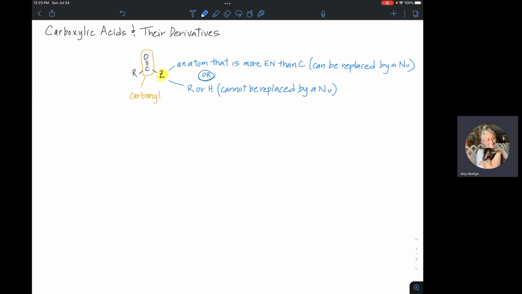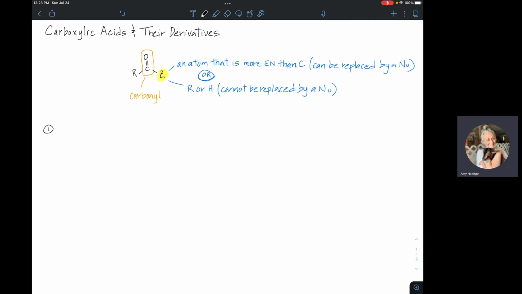The pKa of that is like 40 or 50 or something. So that's not leaving. R minus is a really, really strong base, not going to leave. So when we're talking about an atom that is more electronegative than carbon, in this chapter, we're going to be focused on oxygen or nitrogen containing compounds. So carboxylic acids and their derivatives will be like esters, amides, acyl chlorides, that kind of stuff.